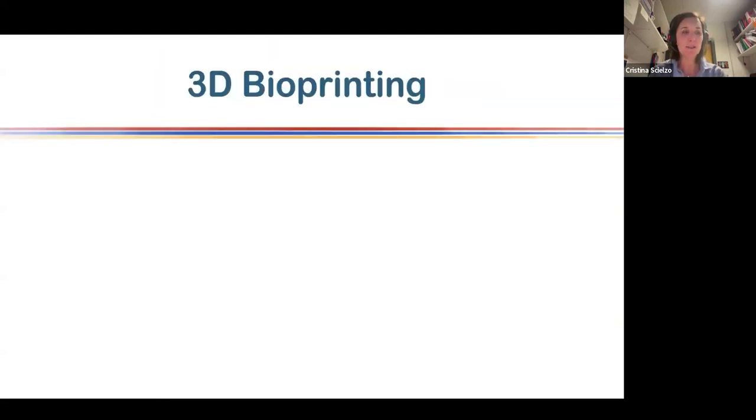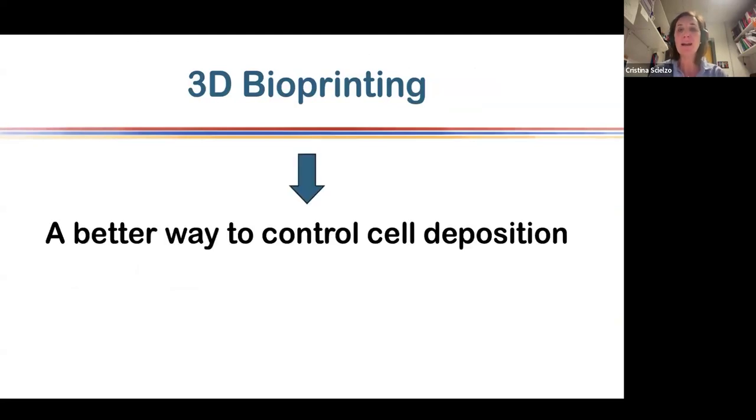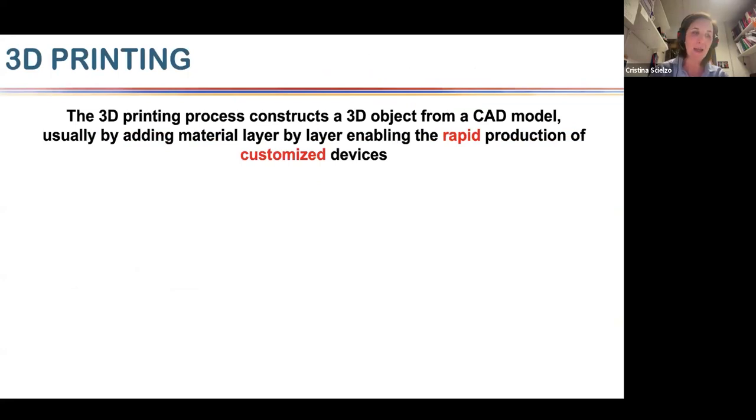That's why we decided to also explore 3D bioprinting strategies, in order to have a better way to control cell deposition and avoid cell seeding. So let me give just a little bit of introduction and distinguish between printing, 3D printing, and 3D bioprinting.